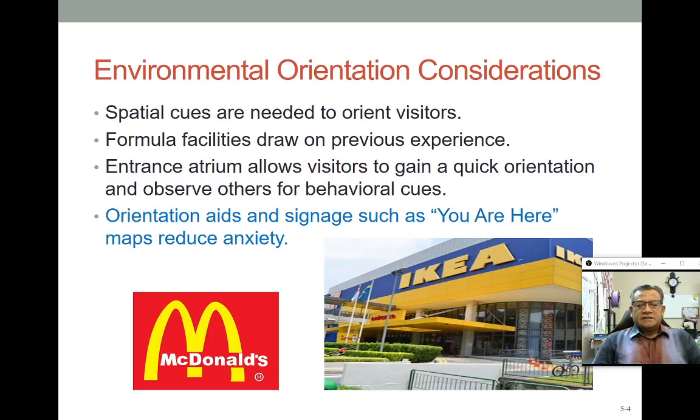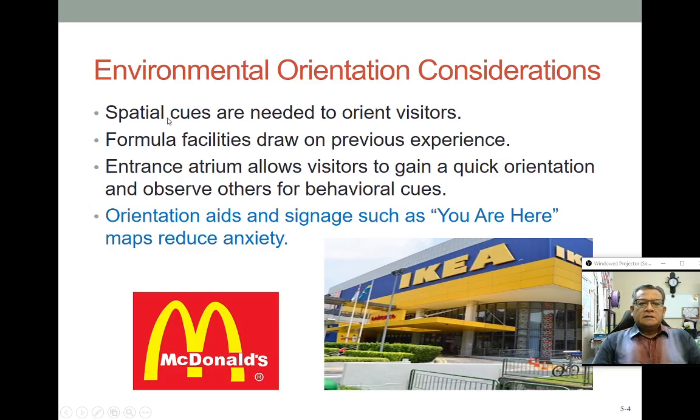You have to understand your surroundings, your environment, the facilities in front of you, behind you, above you. It gives you a good sense of where you are. That is what orientation means.